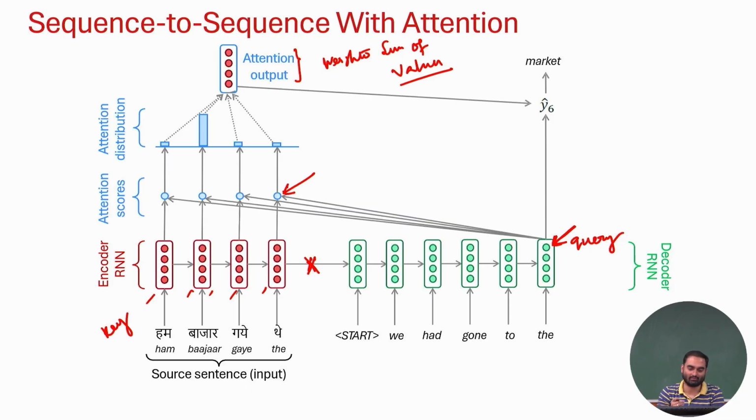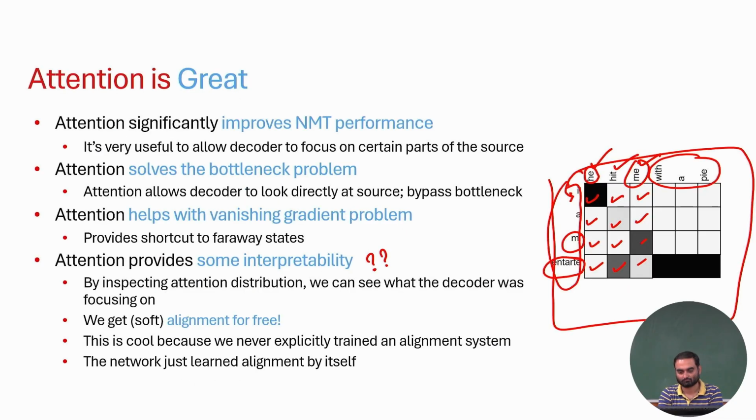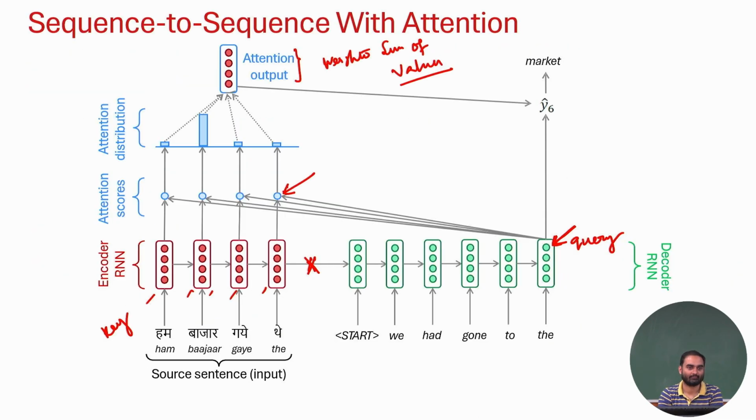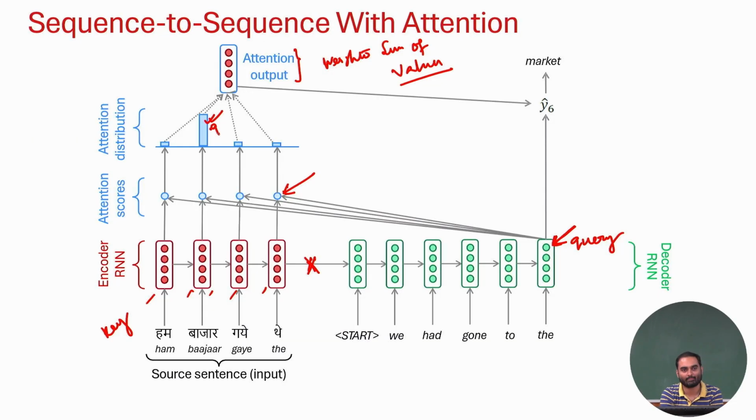You can relate query, key, value with the information retrieval perspective, right? Instead of taking the weighted sum, if you take the max pool, let's say you take this one, and the value is 0.9, and then you multiply 0.9 with it.